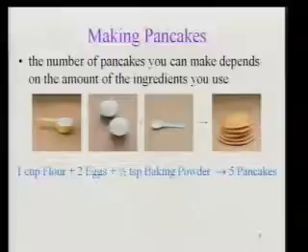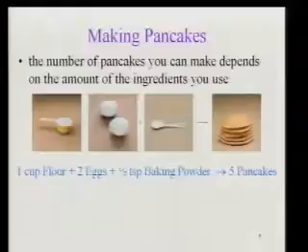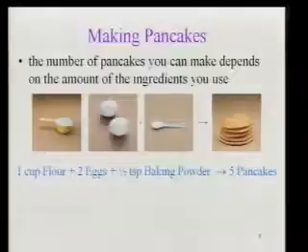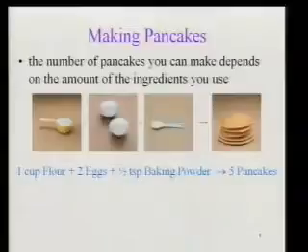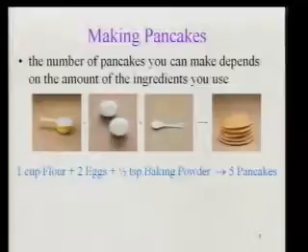I've got flour, eggs, baking powder, and voila, pancakes. That's all you need. Just crack it, put it all together, fry it, and eat it. Okay. Come on, I'm trying to illustrate the point here.